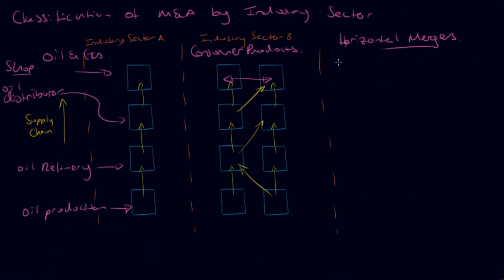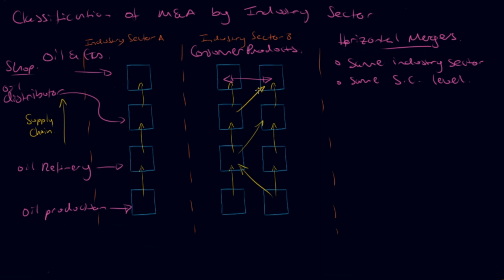But critically, it's the same industry sector and the same supply chain level. So two companies that compete doing the same thing. So it might be two shops selling oil and gas, or it could be two oil refineries.